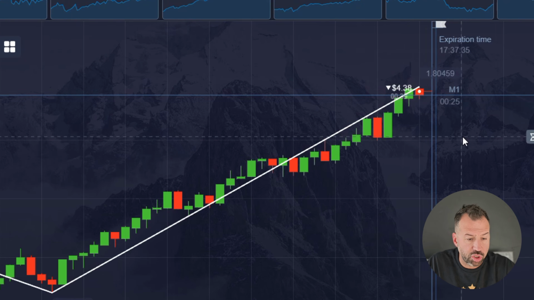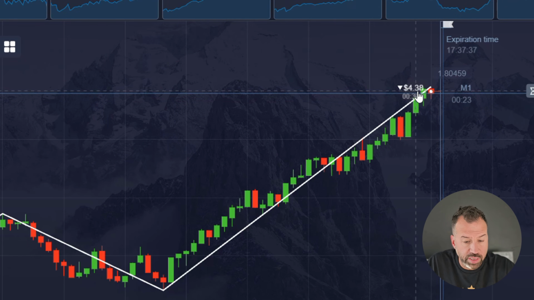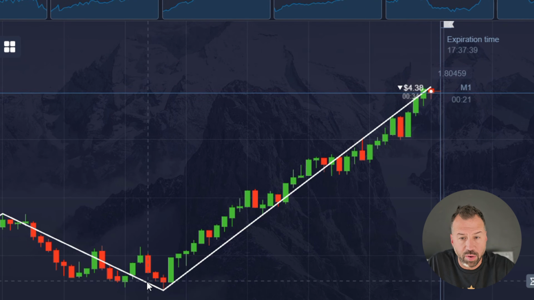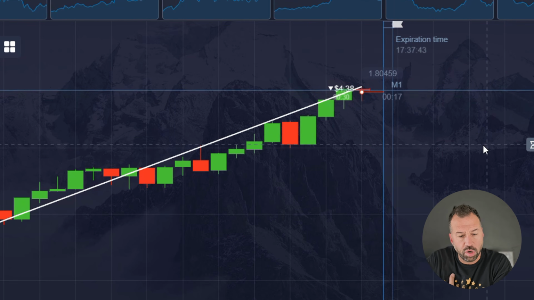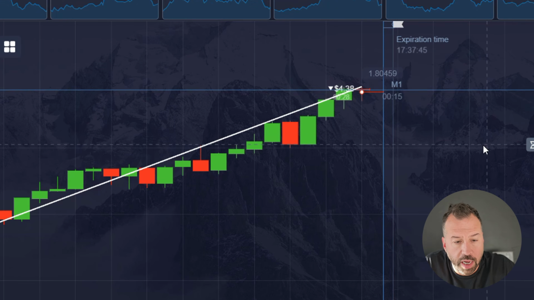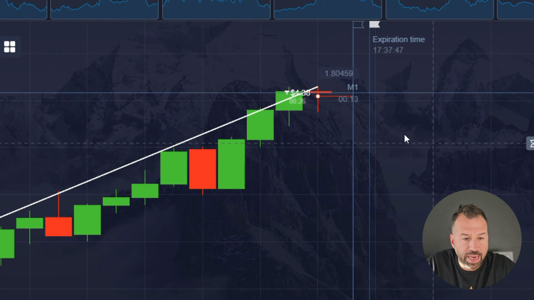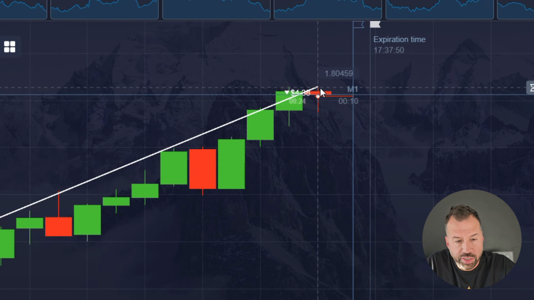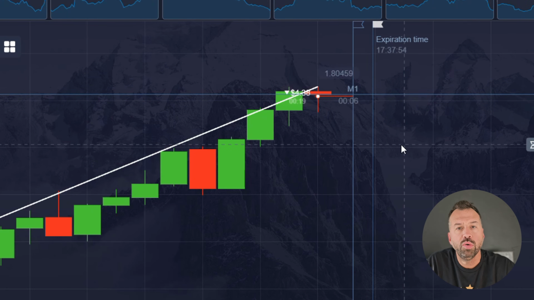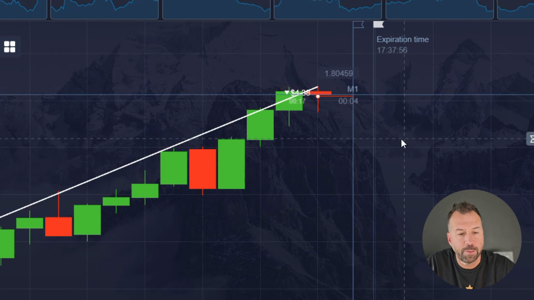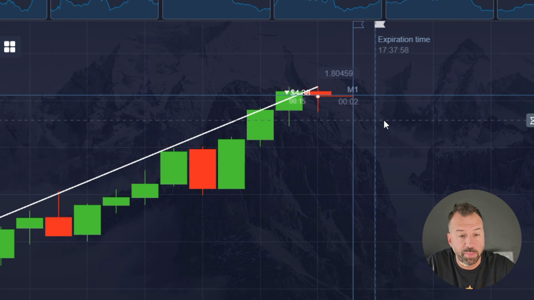And having such a strong push over the last, we'll call it nearly an hour, it looks good. Again, not going to be perfect. We're going to use our lines and our confirmations, zigzag confirmation and oscillator confirmation, to give us the right information to make a trade.